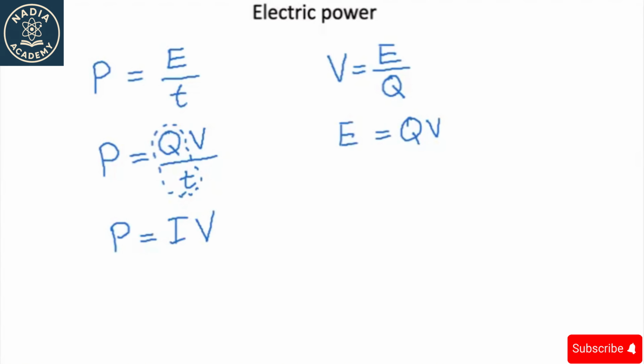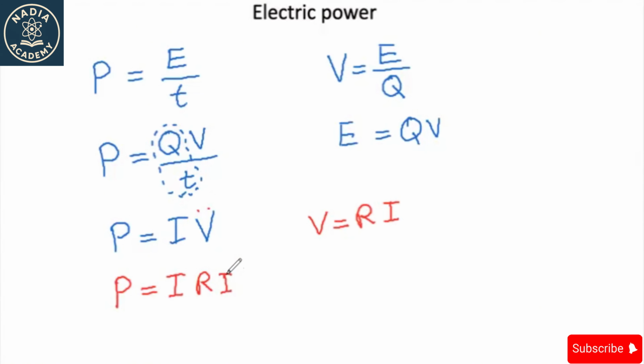Now, if we apply Ohm's law, that the potential difference V is equal to resistance times I, and replace the potential difference in the formula of power, then power is equal to current times resistance times current.